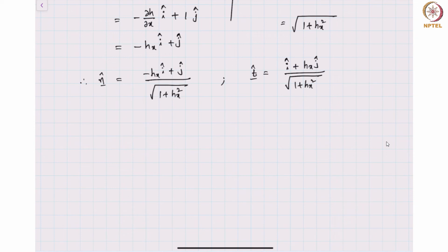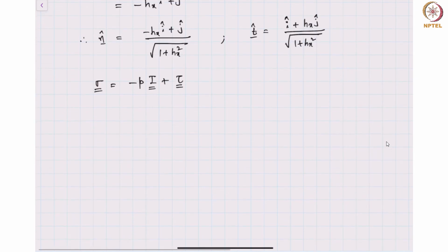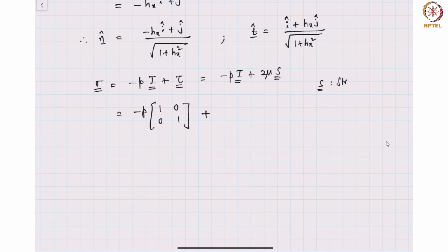So in 2D, if I know the expressions for n and t, and let's say I know the stress tensor sigma, which is minus p times I plus tau, remember this tau itself is 2 mu times s, where s is the strain rate tensor.